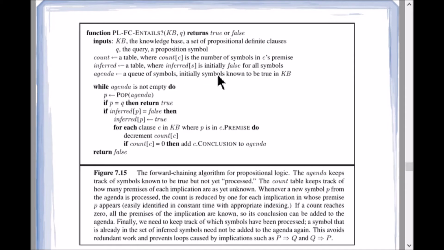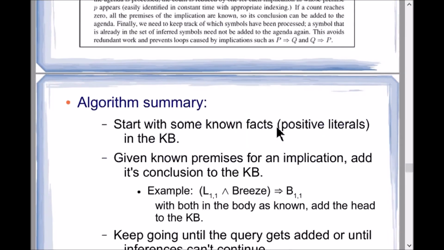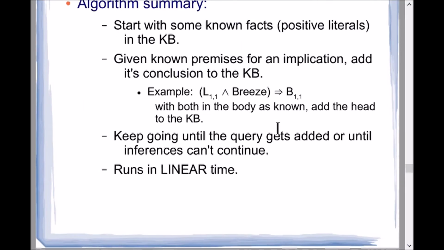Okay, so what this algorithm does is it's going to start off with a known set of facts. So you've got a bunch of positive literals, the facts that are in the knowledge base, and what it's trying to do is determine if there's a proposition symbol, say Q, which stands for some query, some question you're asking.